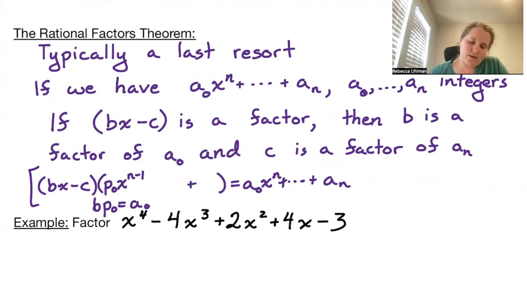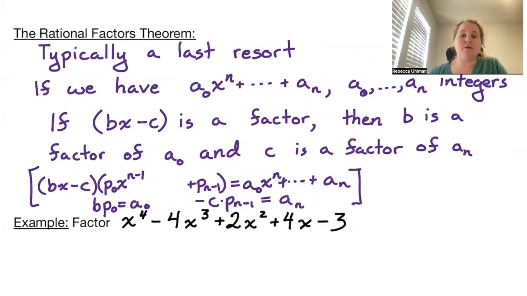And then whatever we have at p sub n minus 1, that would only come from the constant negative c times p sub n minus 1. That would have to be equal to a sub n. Right now, the fact that this holds true is no guarantee that it is a factor, but if it is a factor, it must take this form.